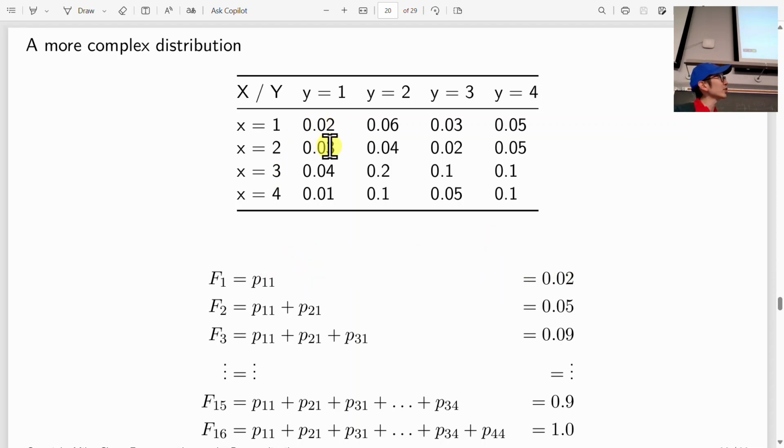The next value is 0.03, so 0.02 to 0.05 will correspond to 2, 1. Then 0.05 to 0.09 will correspond to 3, 1, and so on and so forth. You keep going until you get to the end, where values from 0.9 to 1.0 will correspond to 4, 4.